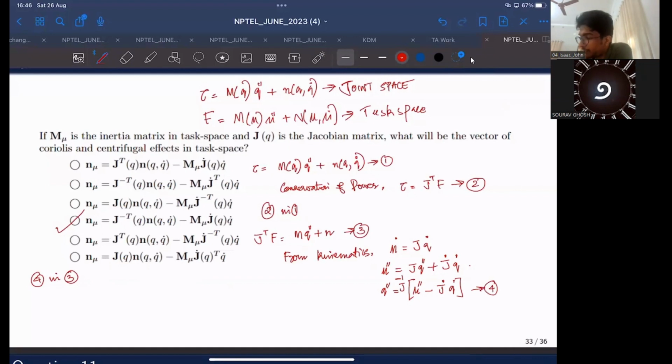So instead of the Q double dot here, I'm substituting the expression for Q double dot from equation 4. Right? So now equation 3 becomes J transpose F is M multiplied by J inverse, mu double dot minus J dot Q dot.